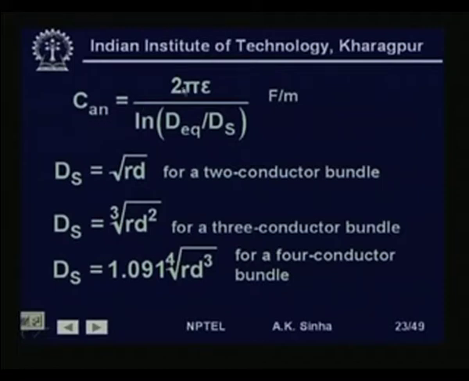So, this C_an is given by 2 pi epsilon by log of D_eq by D_s for a 3 phase system, where D_eq is the equivalent equilateral distance for a transposed line. And if we are using bundle conductor, we have to replace this D_s by the effective GMR or the self GMD of the bundle conductor system.